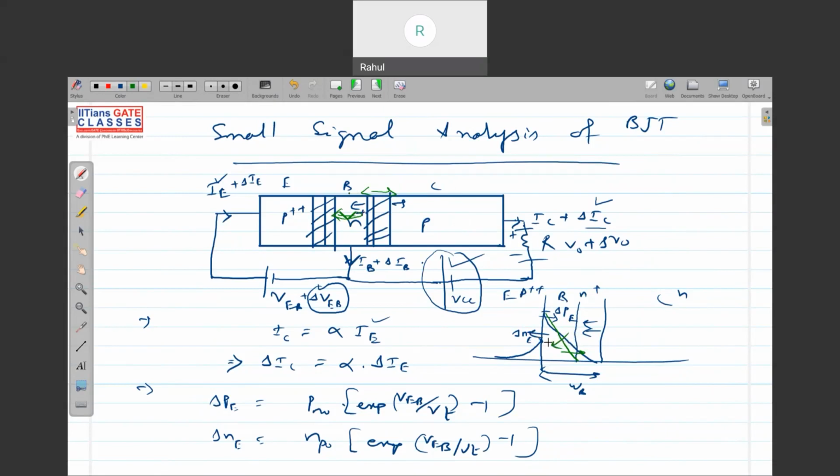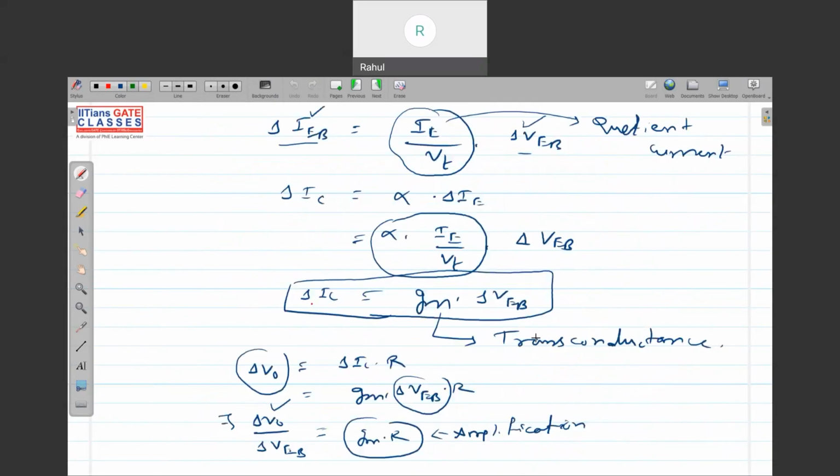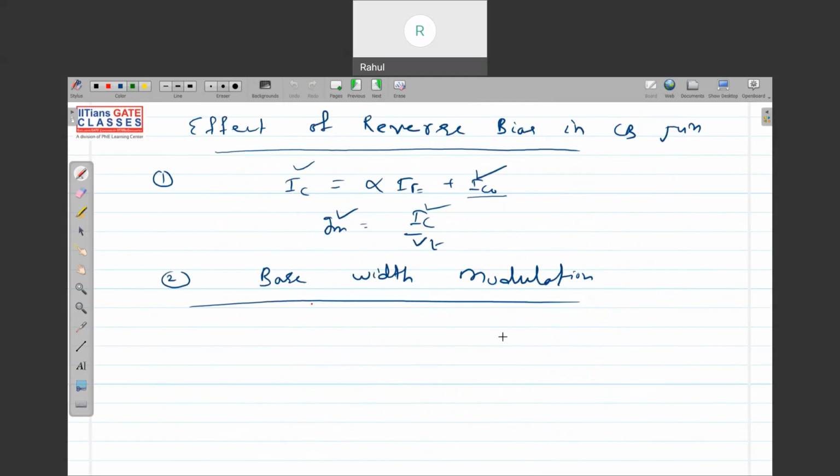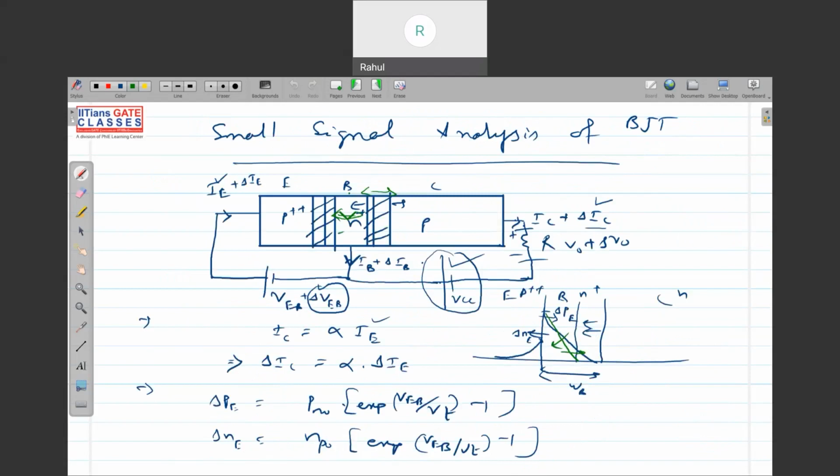This is nothing but your base width modulation. This is the base width.